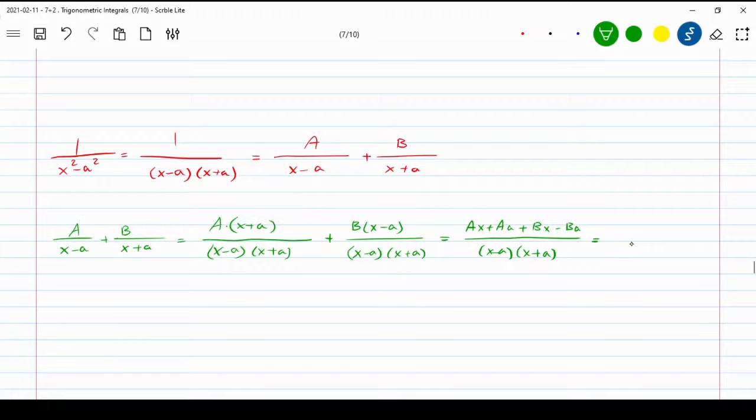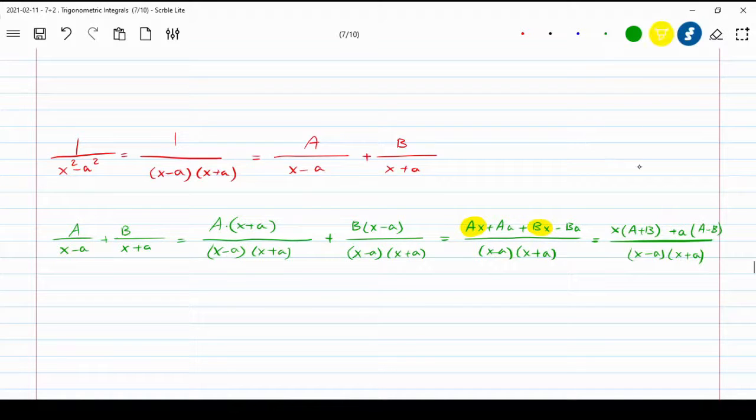Okay, let's factor the similar terms together. The terms that contain x, I'm going to factor x from these two. So if I factor x, I have A plus B left, and the constants together have an a in common, so plus a times A minus B. And the denominator is simply x minus a, x plus a.